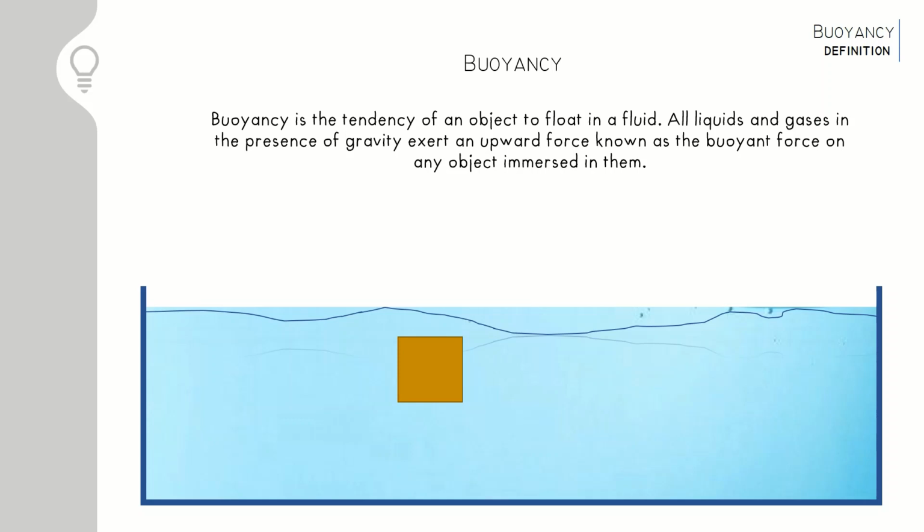Thus, the pressure at the bottom of an object submerged in fluid is greater than that at the top, which also means that the force exerted at the bottom of the object due to pressure will be greater than the force exerted on the top. This net upward force exerted on objects submerged in any fluid is called the buoyant force.